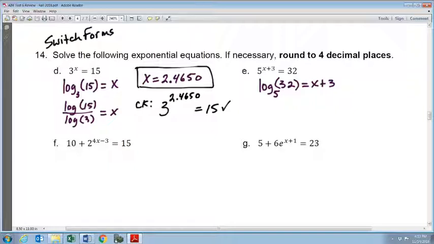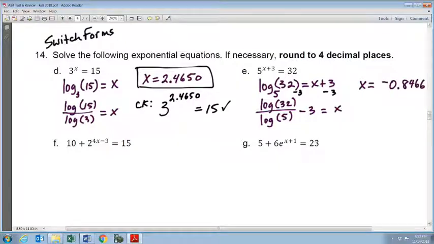So let's go ahead and use the change of base property. It'll be log of 32 over the log of 5. I'm also going to subtract 3 on both sides. So I end up with x equaling log of 32 over log of 5 minus 3. So be careful when you put that into your calculator. You should get negative 0.8466.